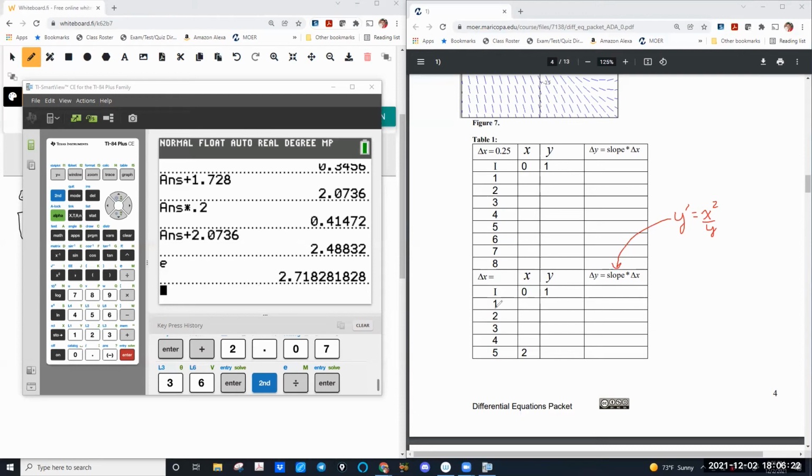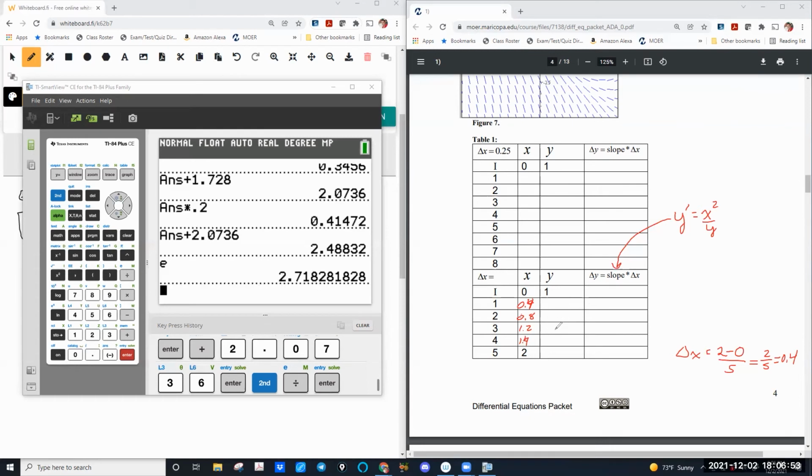So we'll do 5 steps to go from 0 to 2. So our delta x is 2 minus 0 over 5, or 2/5, or 0.4. So right off the bat, we can fill in this column: 0.4, 0.8, 1.2, 1.6.